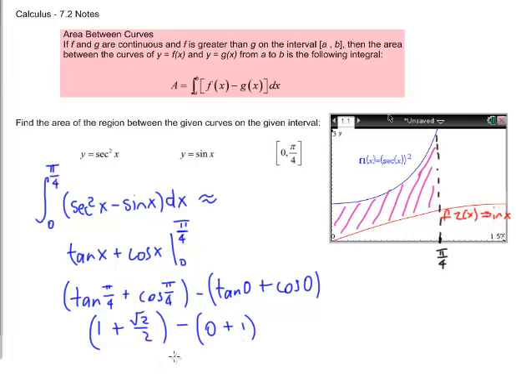So what you're going to end up with here is square root of 2 over 2. And if you're checking your answer on your calculator, the answer is going to be square root of 2 over 2, which is about 0.7071. So that's it.